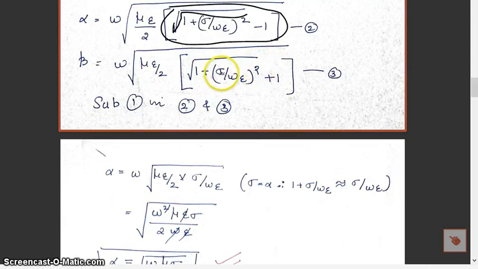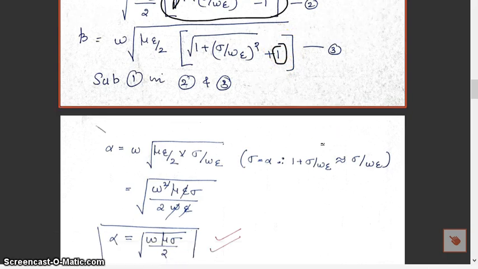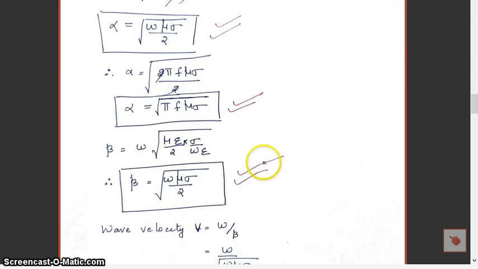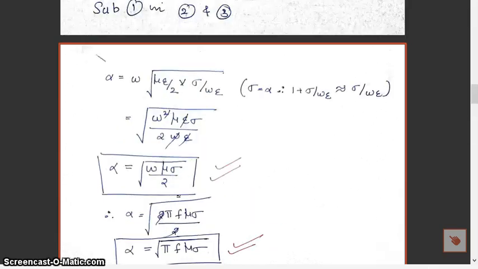So I will get finally what sigma by omega epsilon plus this 1. That is also nearly equal to what? Sigma by omega epsilon, because sigma is infinity. So after applying that condition, we will get beta is equal to omega square root of mu epsilon by 2 into sigma omega epsilon, which is equal to beta equals square root of mu omega epsilon by 2.